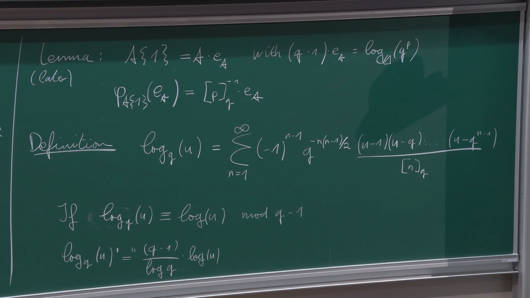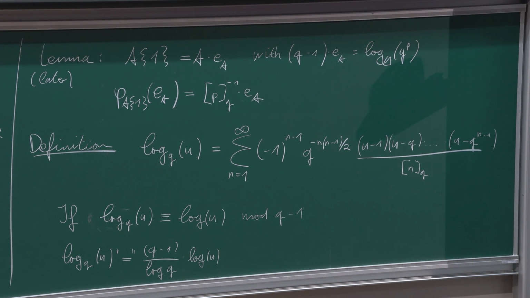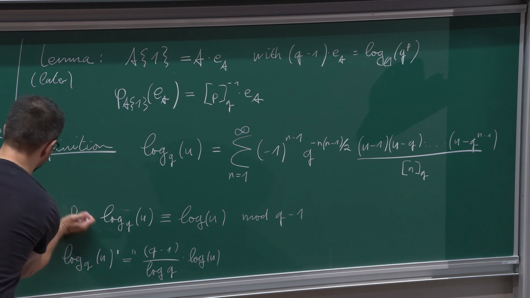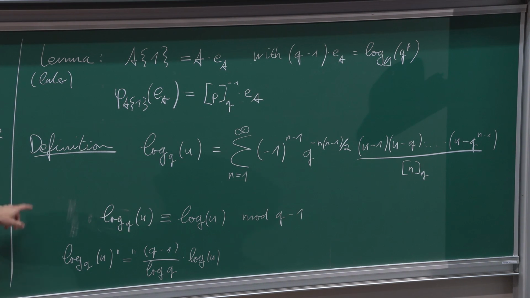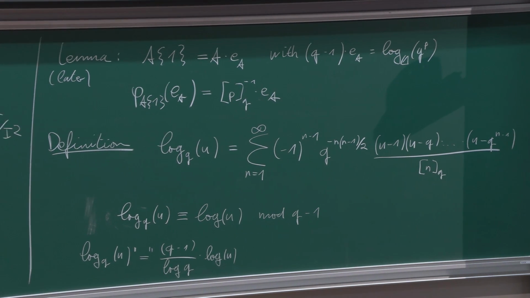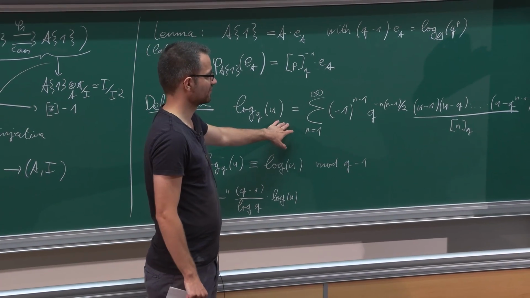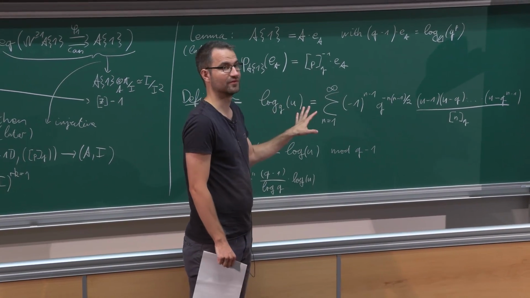Why do you write if log Q? Pardon? Why do you write if log Q? I wanted to start the sentence with if Q is equal to 1 then, but then I changed it. So is this just a formal series, or does it converge in some sense? For now, I want to take this as a formal series.